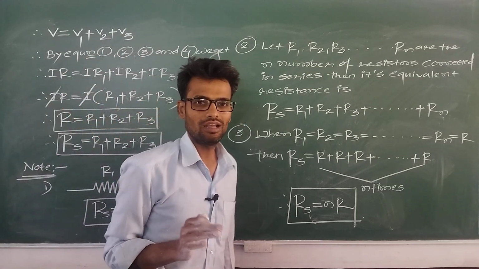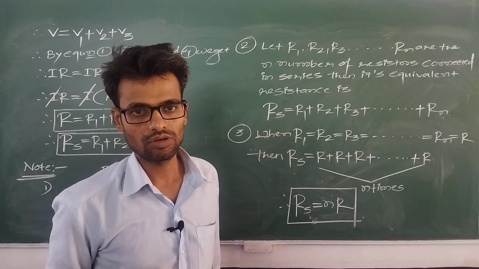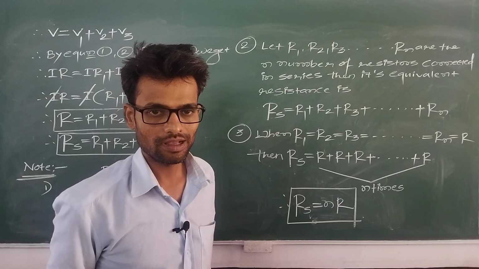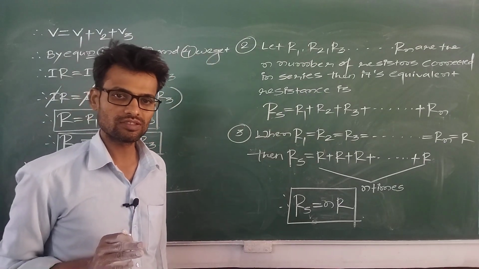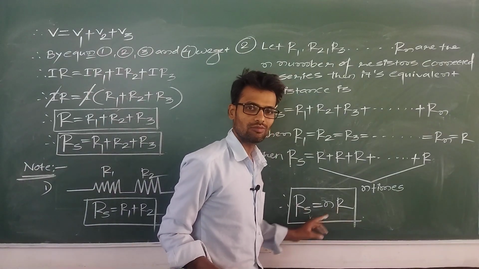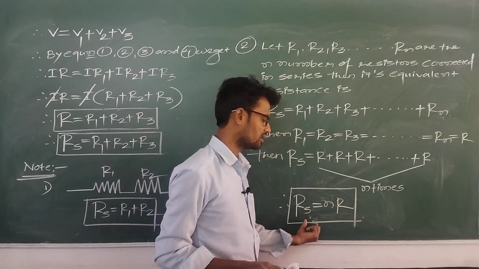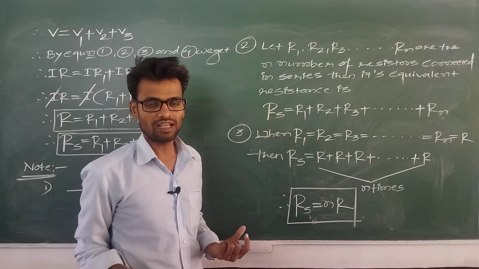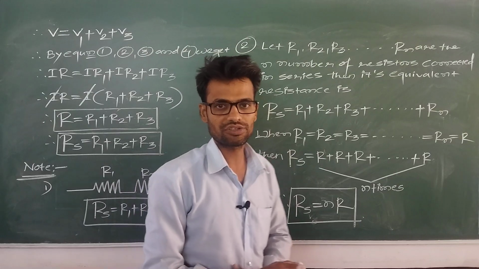Suppose you connect 4 resistors of 2 ohm each in series, then the equivalent resistance is given by 4 into 2, that is 8 ohm. Right. So we directly use this formula to find the equivalent resistance when all resistors have the same value. So this is about series combination of resistors.